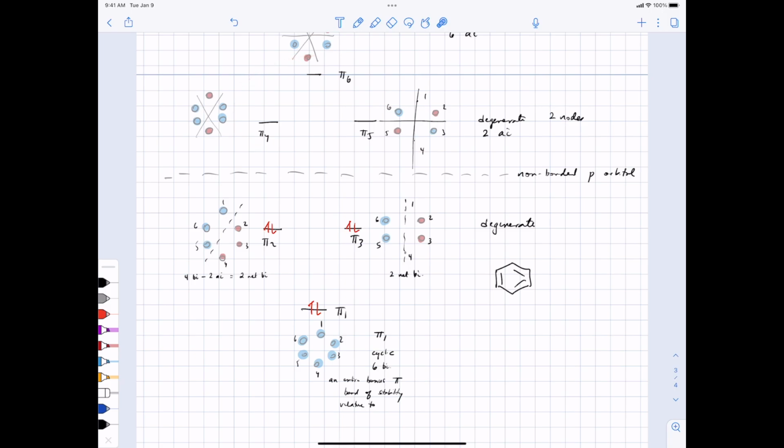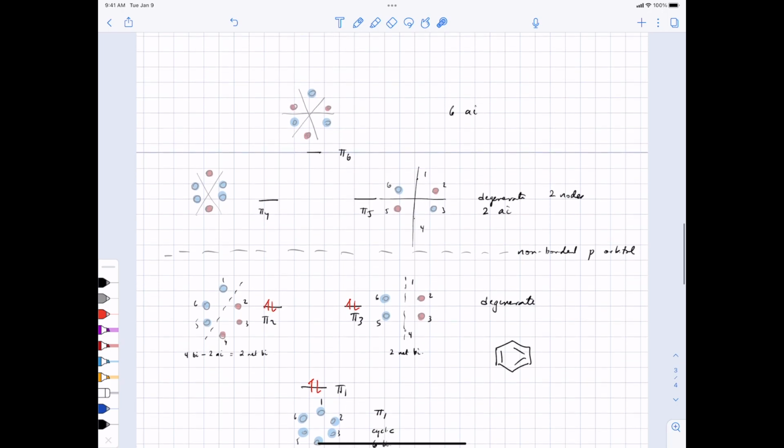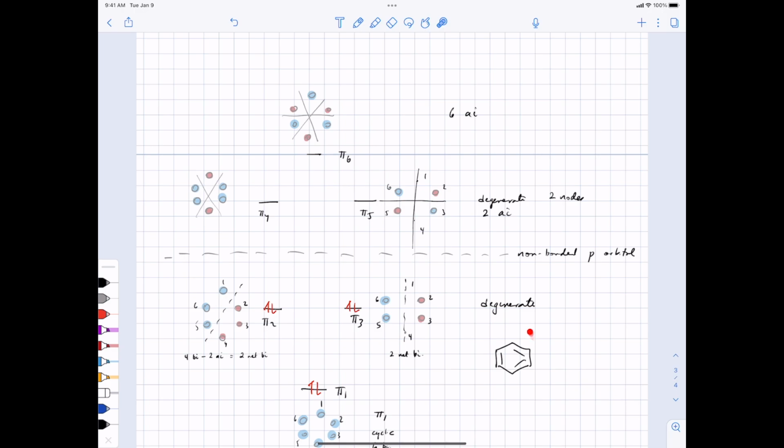Okay. And if you do the math, it turns out that relative to 3 isolated pi bonds, benzene has almost a full pi bond's worth of extra stability, even though it's only got 3 pi bonds.